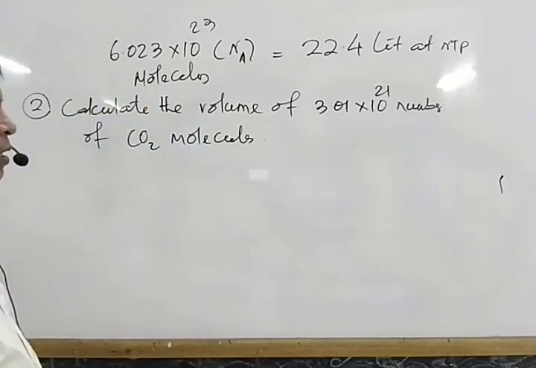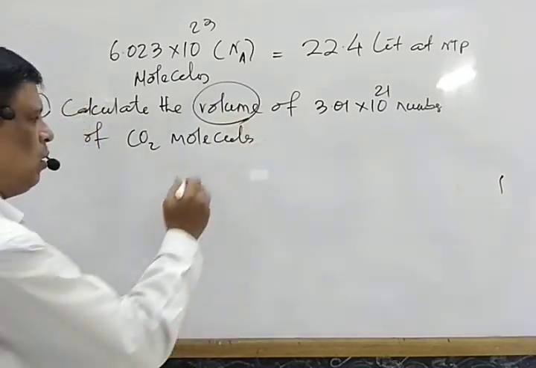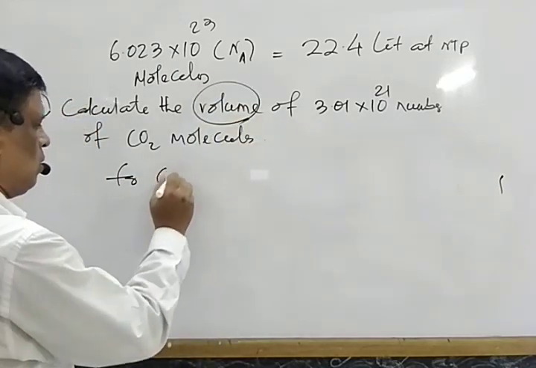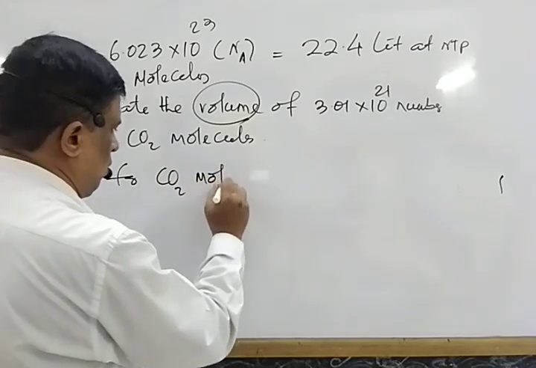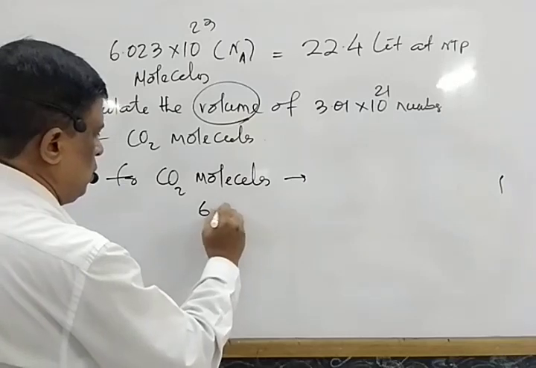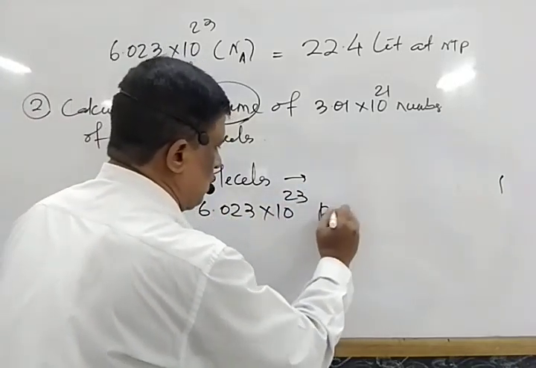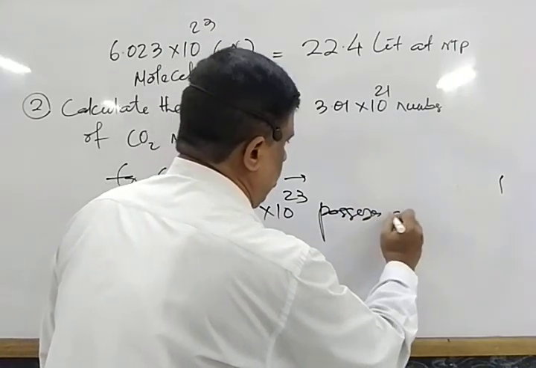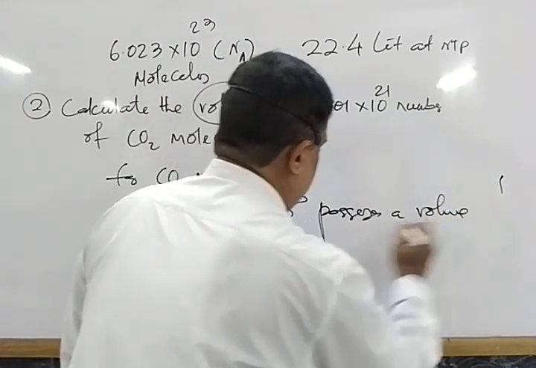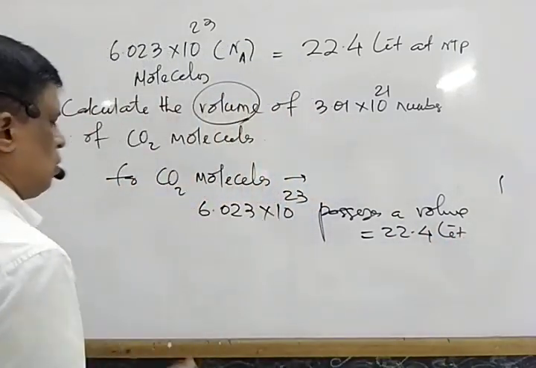Mark the question. Same type of question: that is a volume and a number. That means for CO2 molecule, 6.023 into 10 to the power 23 molecules possess a volume equal to 22.4 liter.